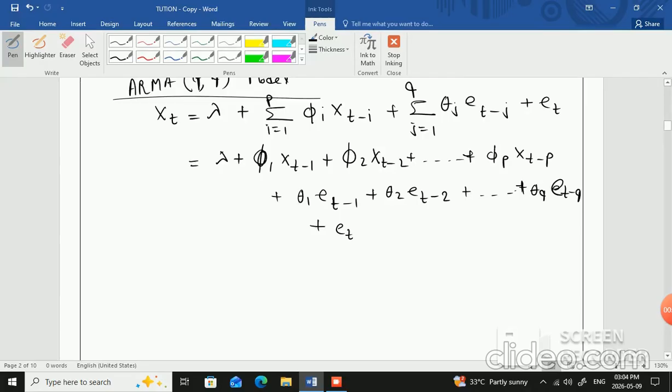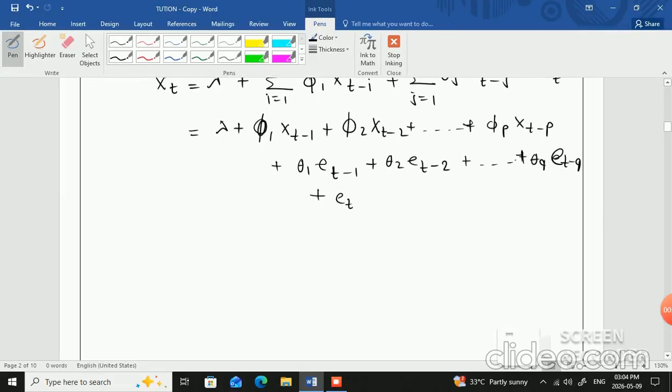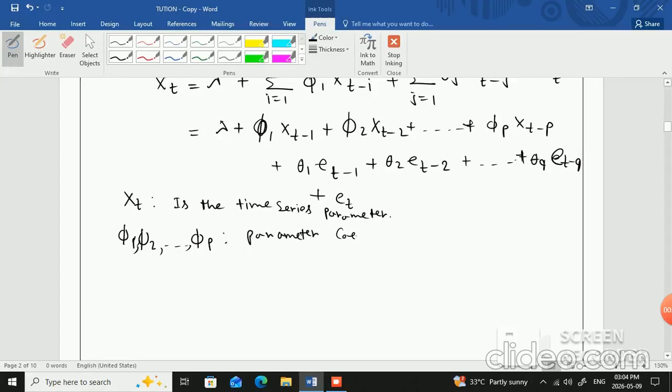So this is the structure of the ARMA model, where x_t denotes the time series parameter. Phi 1, phi 2, up to phi p are the parameter coefficients for the AR model.